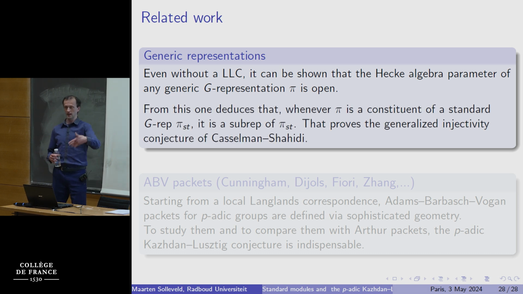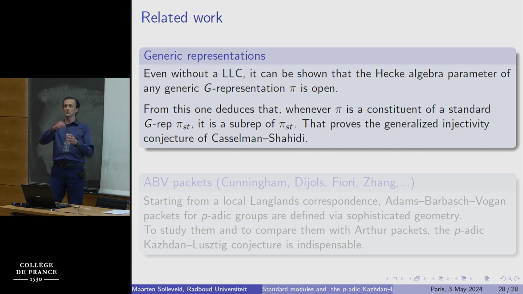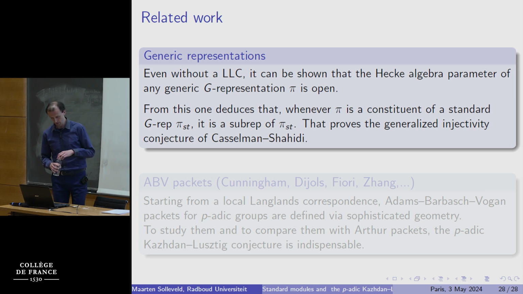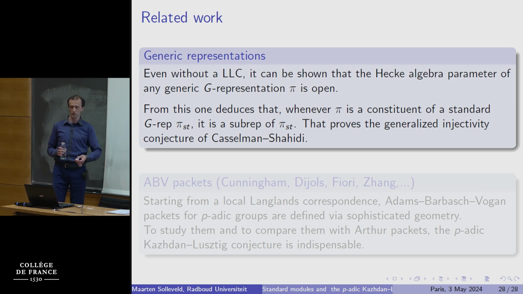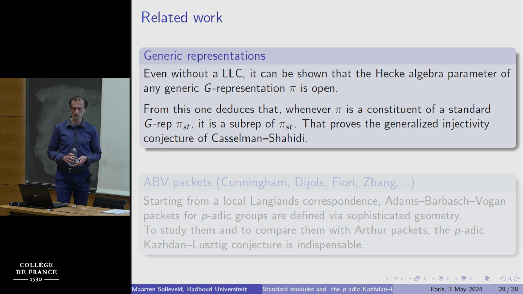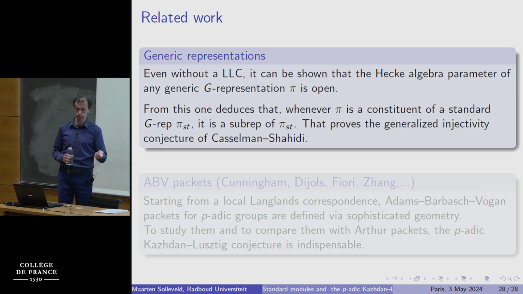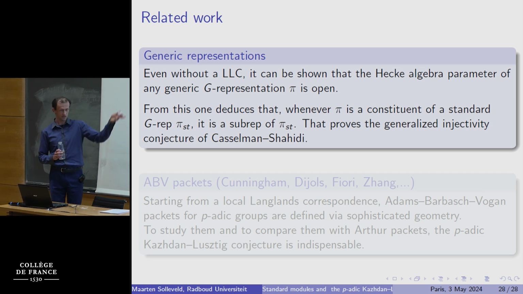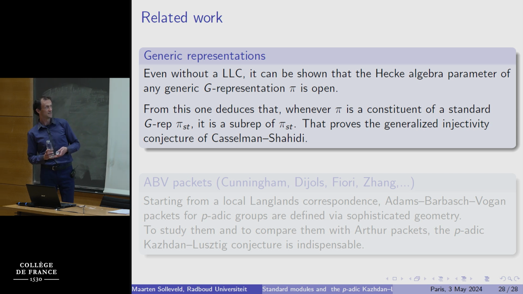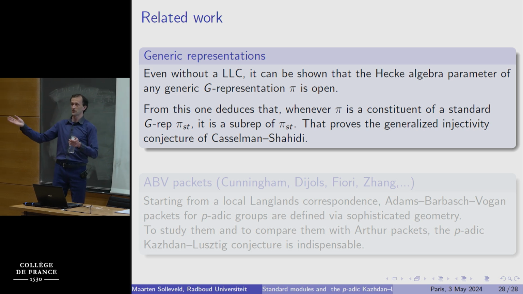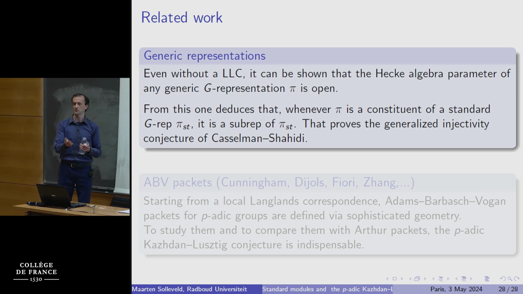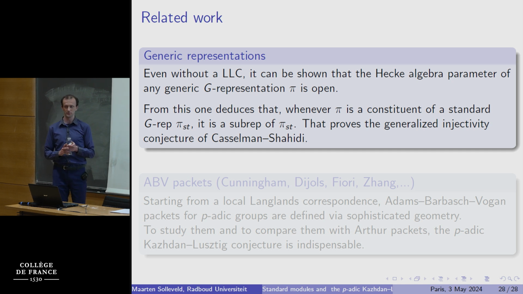And then you have these previous results that a module coming from an open parameter will only sit inside another standard module as a sub-representation, not as a quotient. This was in fact conjectured by Casselman and Shahidi as a stronger version of their standard module conjecture, the so-called generalized injectivity conjecture, sometime in the 90s. So this is now proven with these methods. And I can actually prove this without going to the Langlands parameter side. This can be done entirely on the p-adic side with Hecke algebras.